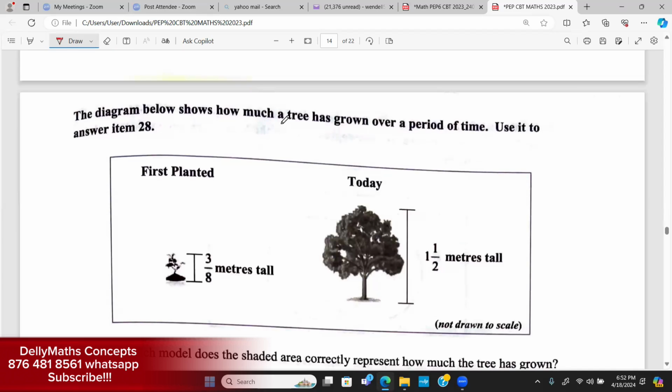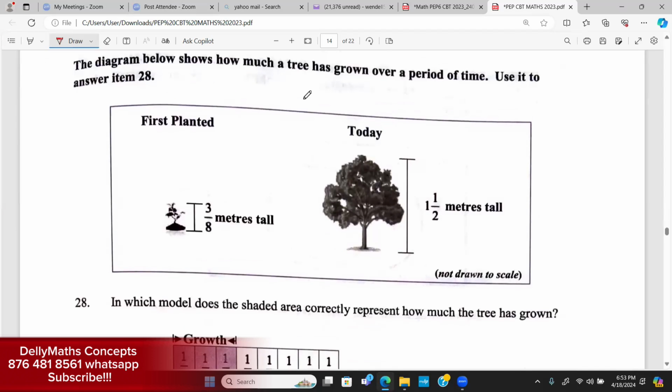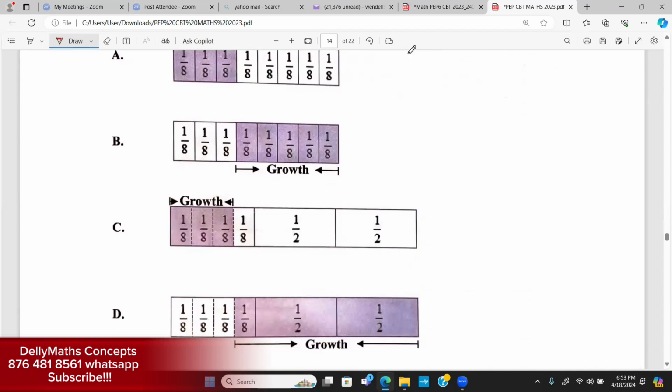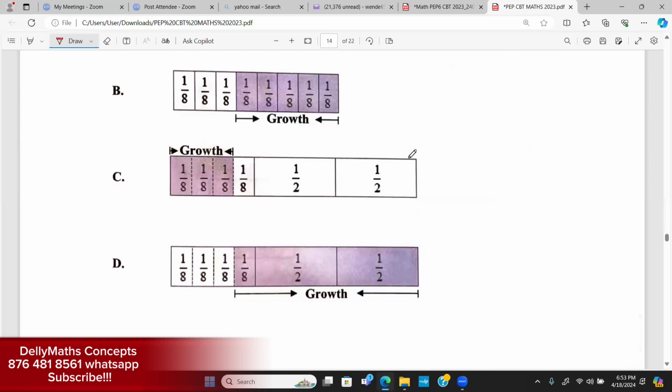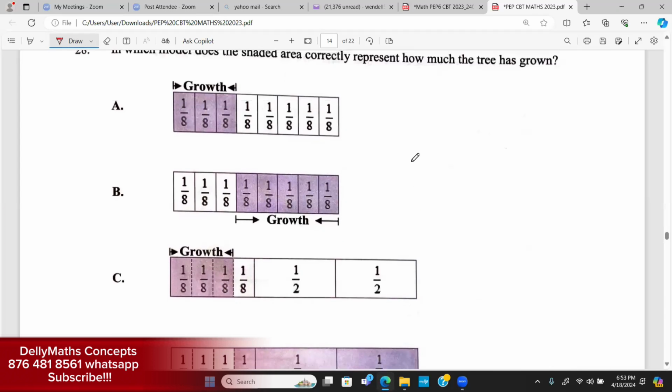The diagram below shows how much a tree has grown over a period of time. Use it to answer item 28. So the tree was actually 3/8 tall, and now it is 1.5. There are multiple ways to look at this. When I look at this, I'm seeing the answer in terms of growth.